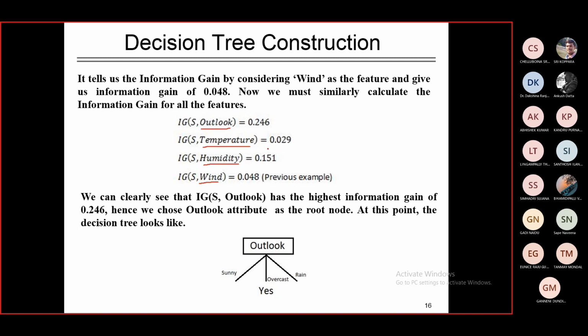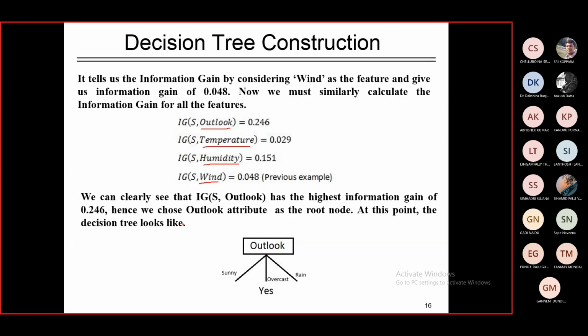Now, among these four different information gain values, we look for the one with the maximum value. For outlook, we can see this is the maximum among the different attributes in the data set. Therefore the outlook attribute will become the root node.